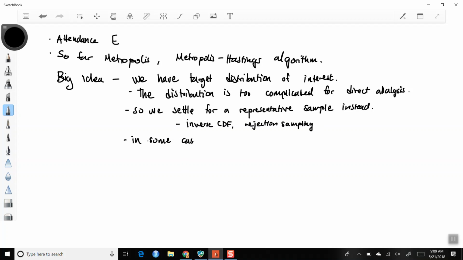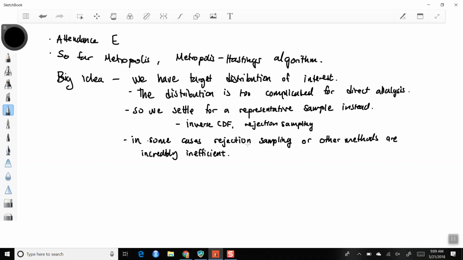In some cases, rejection sampling or other methods are incredibly inefficient. Okay. Or you might not have the PDF in its normalized form, and so you can't even perform rejection sampling, okay?